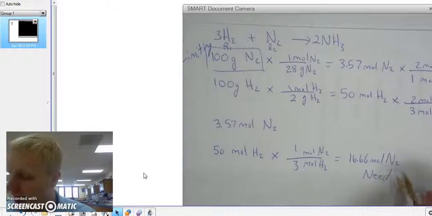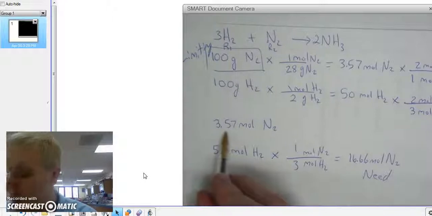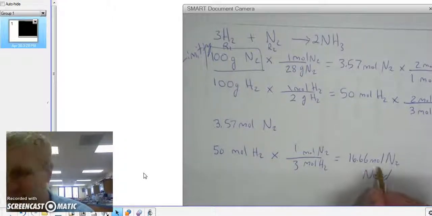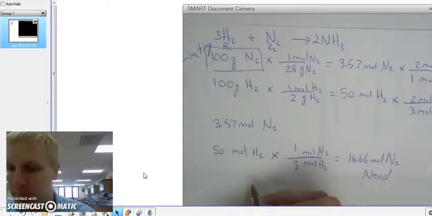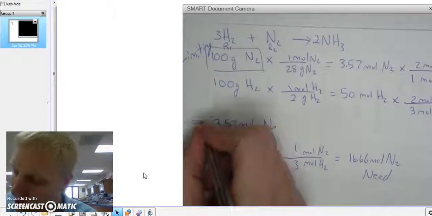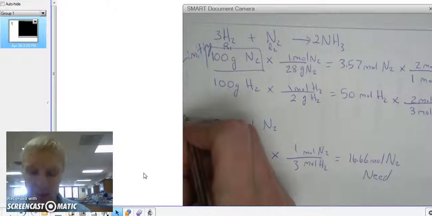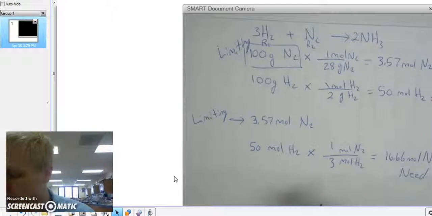I'm then going to go back to how many moles of N2 I actually have. I've got 3.57 moles of N2, but I need 16.66 moles of N2 in order for H2 to be my limiting. I certainly don't have enough. Therefore, N2 would have to be my limiting reactant. And that's just another way of finding the limiting reactant.